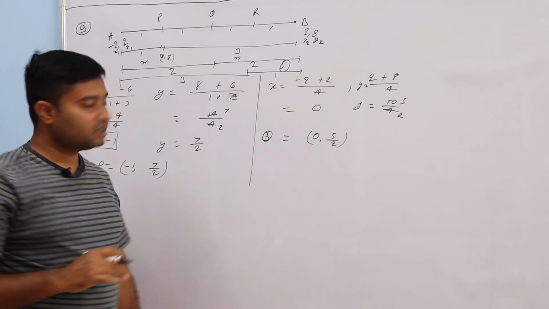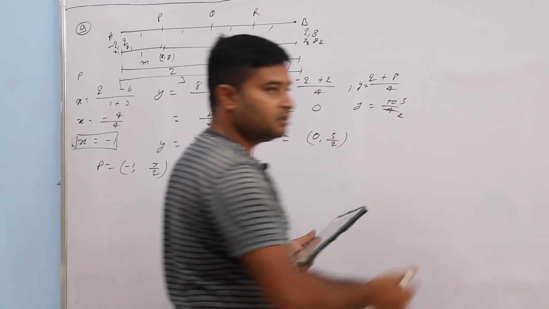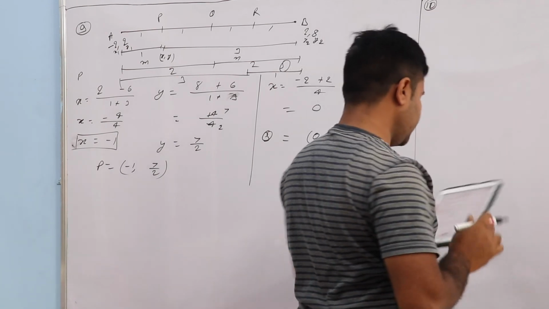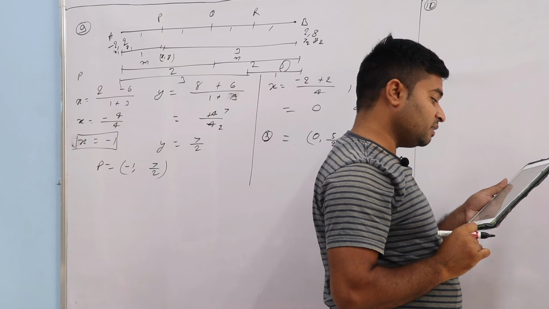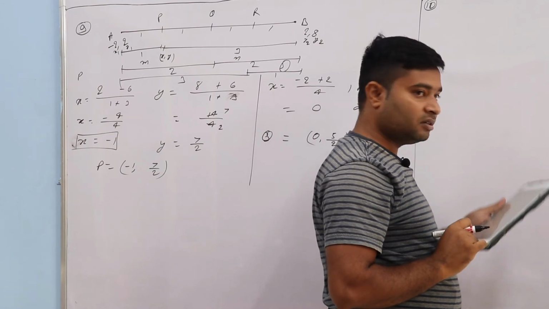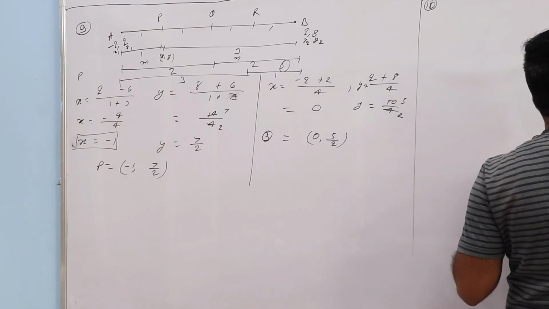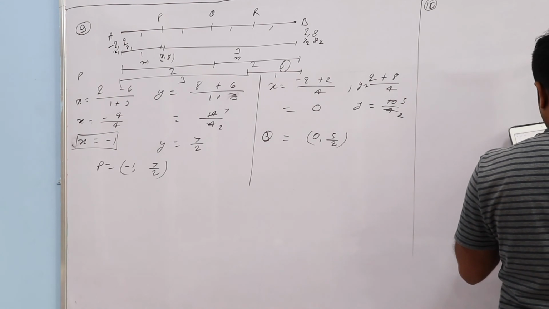Okay. Question number 10. Here it says find the area of the rhombus if its vertices are these taken in order.